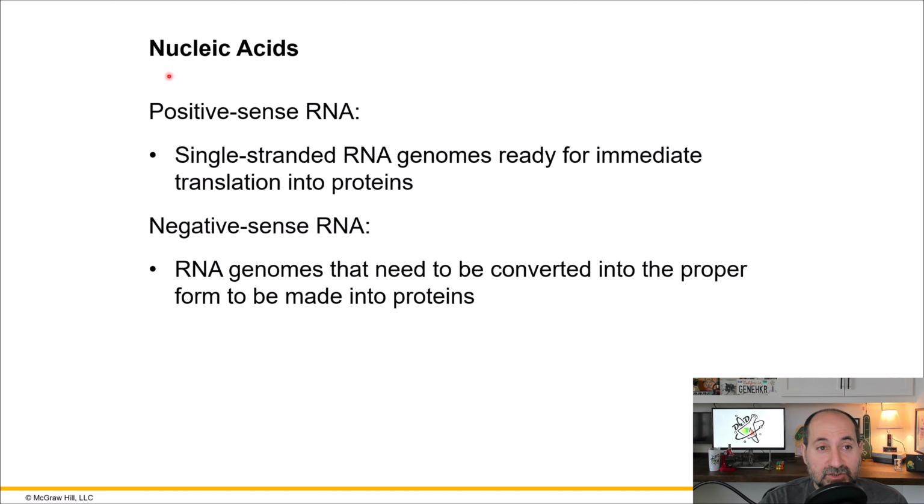Now, the genomes of the virus can either be DNA or RNA. If it's single-strand RNA, there are 2 types: either positive sense single-strand RNA or negative sense single-strand RNA. What you need to know is that positive sense single-strand RNA can be immediately translated to protein because this is the same type of RNA as mRNA.